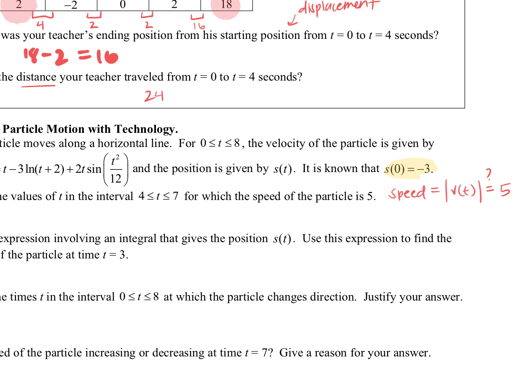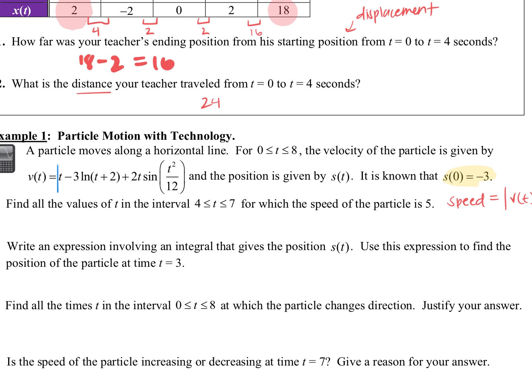In y1, I want you to type in the absolute value of this whole function. And then in y2, I want you to plug in 5. If you don't know where the absolute value bar is on your calculator, go to math and then numbers; I think it's the first option in there.